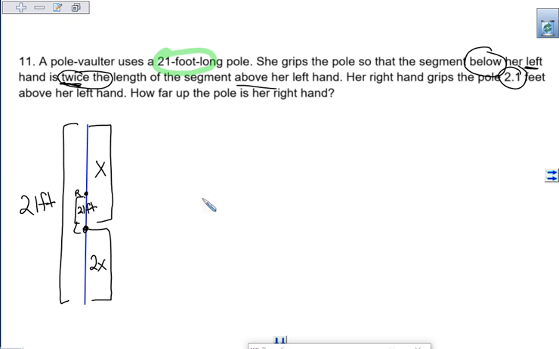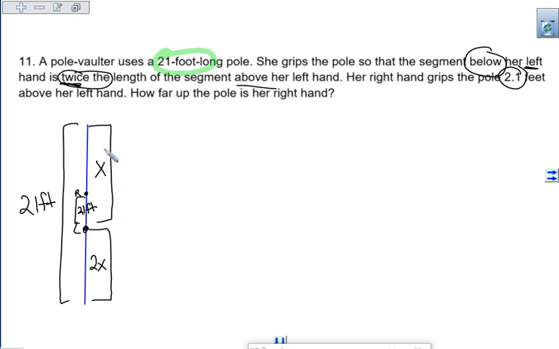Okay, for those of you who said add 2x plus x plus 2.1 equals 21, you're close, but you need to look at this. Is this 2.1 part of it twice? Yeah, it is.